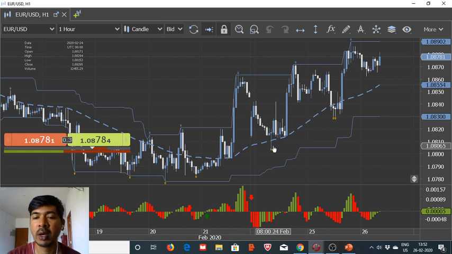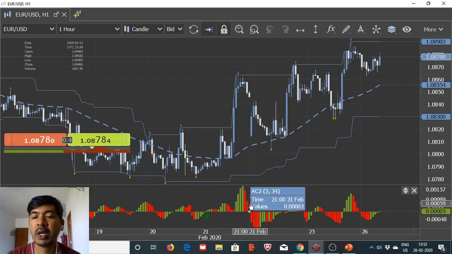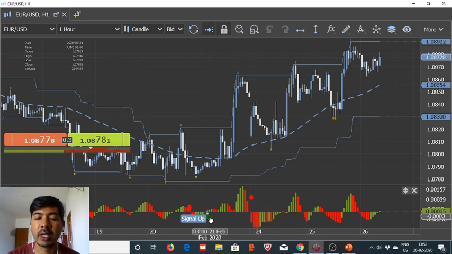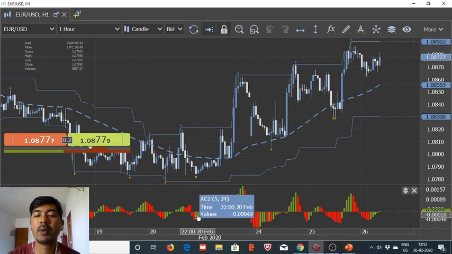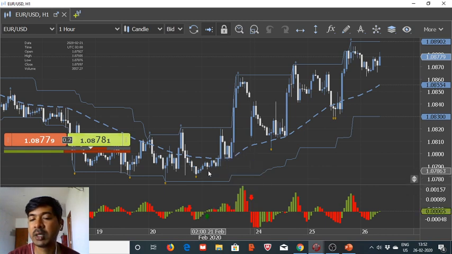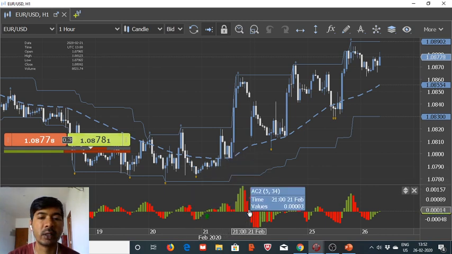Now, as we have already seen, the sell trade is supposed to happen when the momentum turns from bullish to bearish, and the buy trade is supposed to happen when the momentum turns from bearish to bullish on the hourly charts using the AC2.